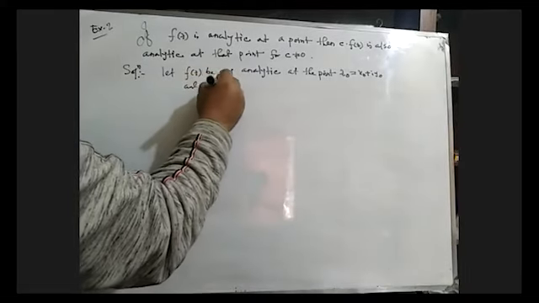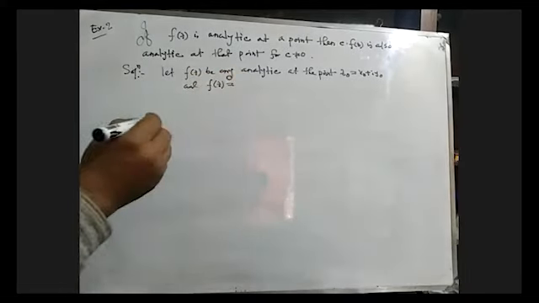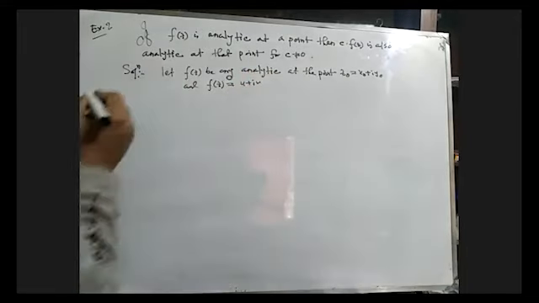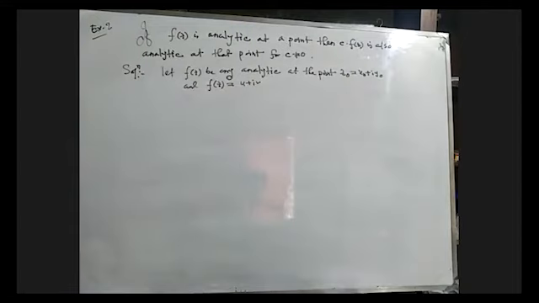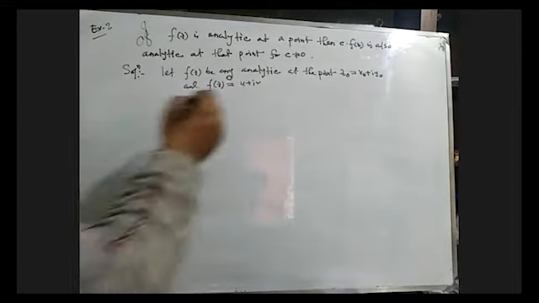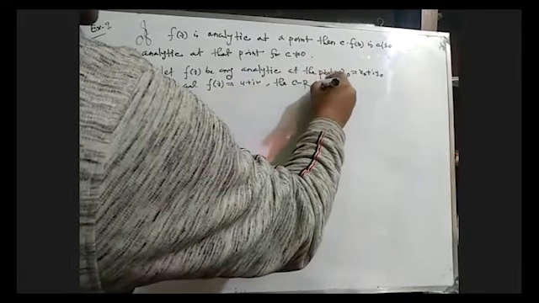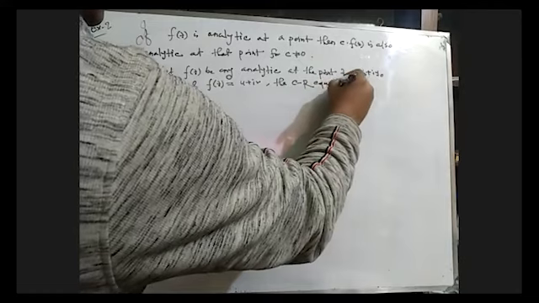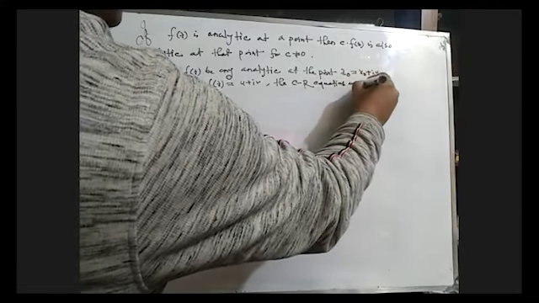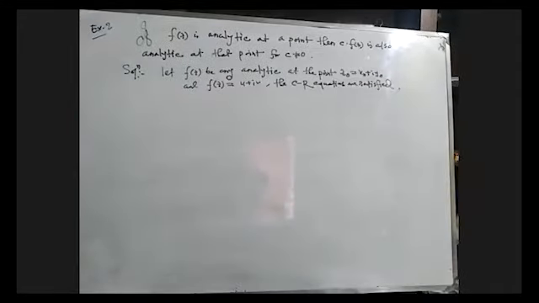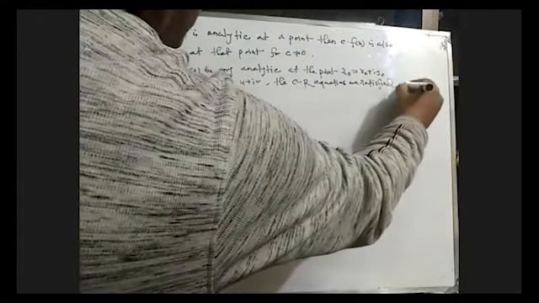And f of z is a function of a complex variable, u plus i b, in the w plane. Then the Cauchy-Riemann equations are satisfied at z naught.